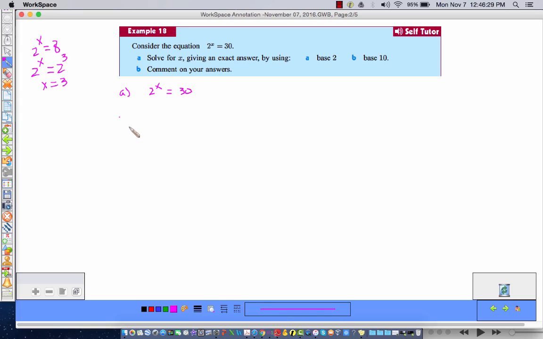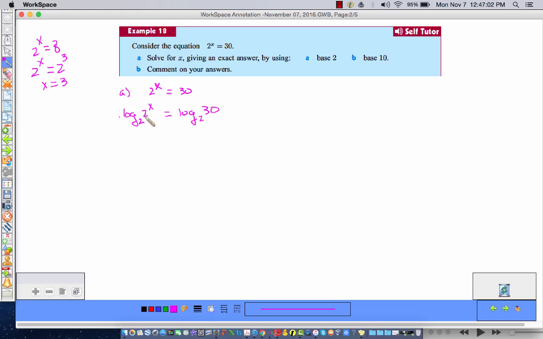When solving equations using logarithms, what we do is we take the logarithm of both sides, and eventually we'll be able to isolate the variable and get x equals something. So I'm going to take the logarithm of both sides. But right now it's base 10, and I was asked to do it using base 2. So I'm going to make these base 2, and hopefully you see why I was asked to do that.